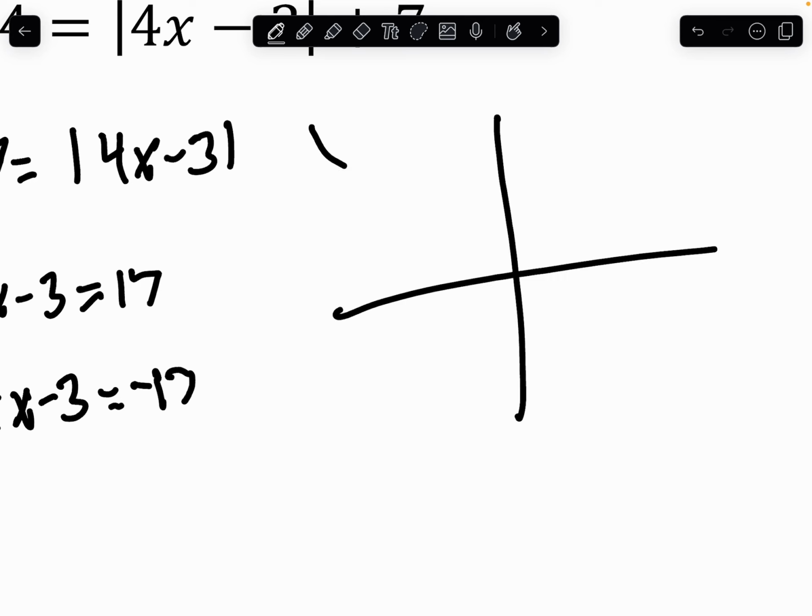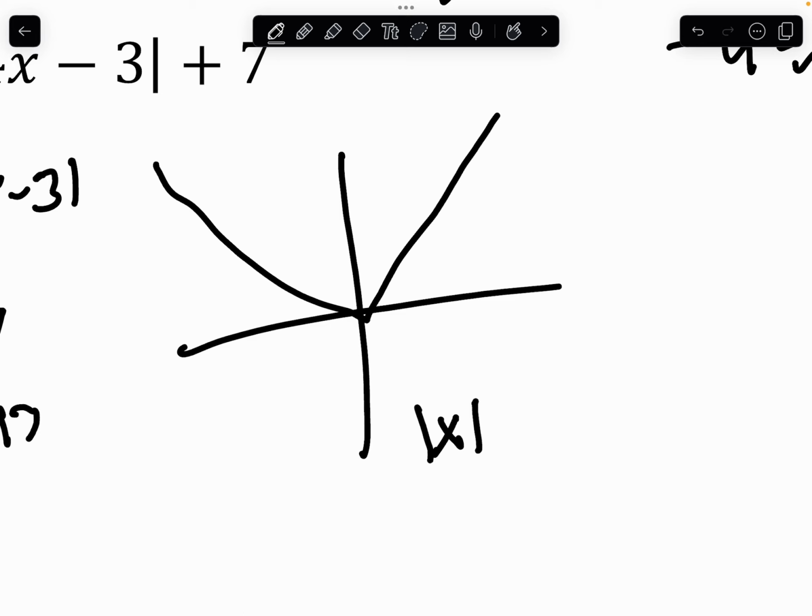So if you have absolute value of x, I think that's what it's called, I could be wrong, you're going to have one point here that's positive and one point here that's negative, but their y value is going to be consistent.